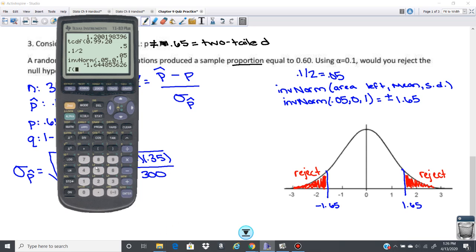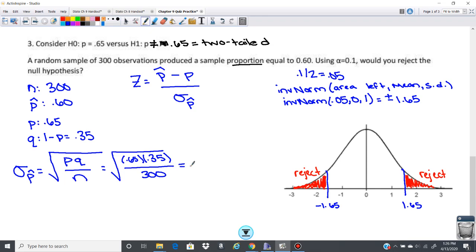So square root, and I'm going to do parentheses, 0.65 times 0.35. I'm going to close that, divide by 300, close the square root. I get 0.0275. So that's my standard deviation of P hat. So let's go ahead and calculate this.